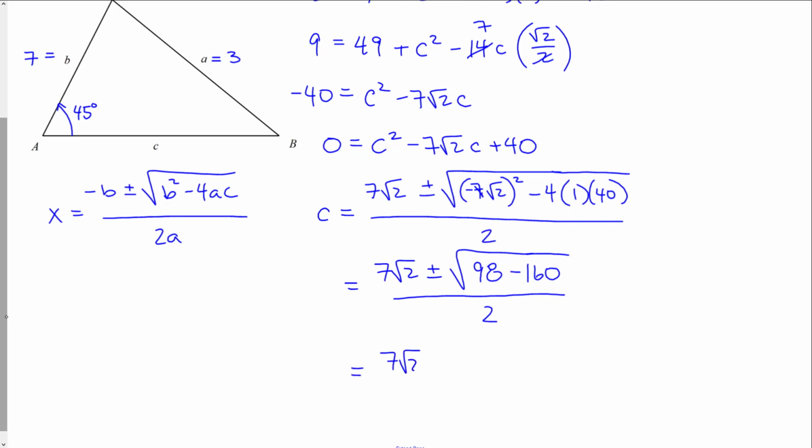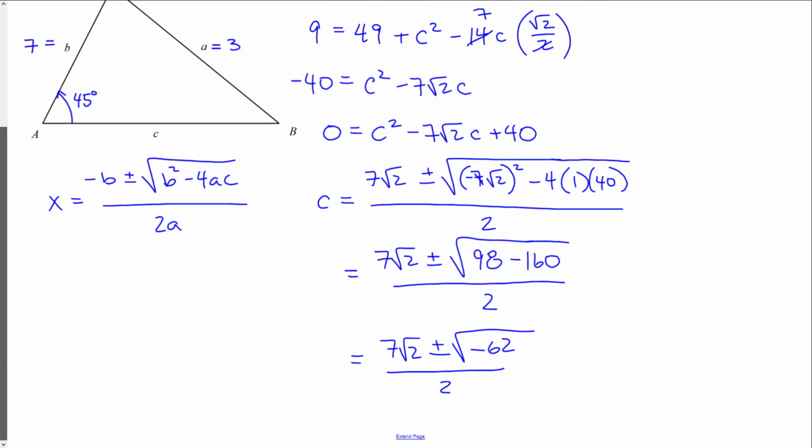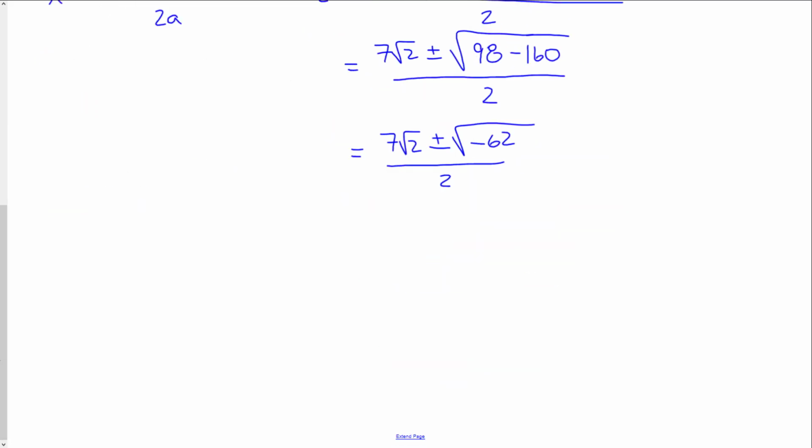7 root 2 plus or minus 98 minus 160 should be negative 62, I believe, which means the results of this are complex numbers, and that's an indicator that we have no solutions.